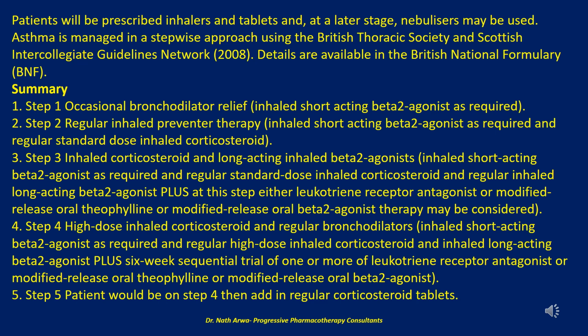Inhaled short-acting beta-2 agonist as required and regular high-dose inhaled corticosteroid and inhaled long-acting beta-2 agonist, plus 6-week sequential trial of one or more of leukotriene receptor antagonist or modified-release oral theophylline or modified-release oral beta-2 agonist. 5. Step 5: Patient would be on Step 4 then add in regular corticosteroid tablets.